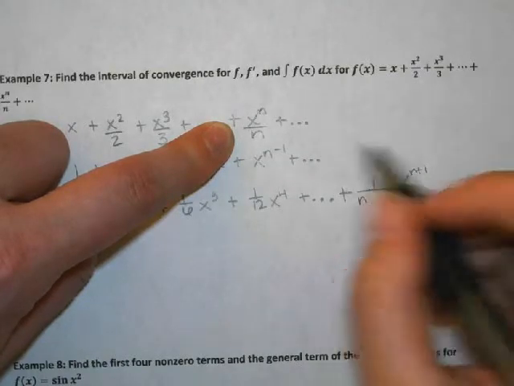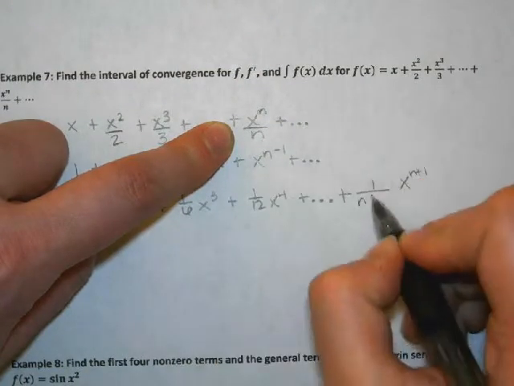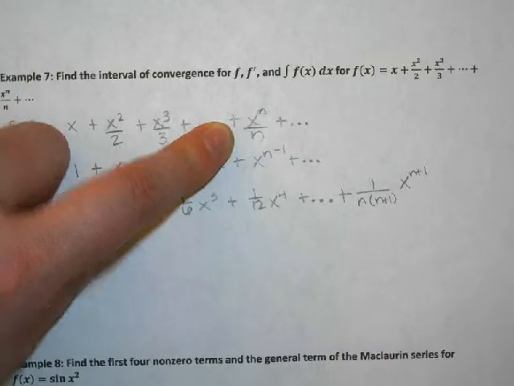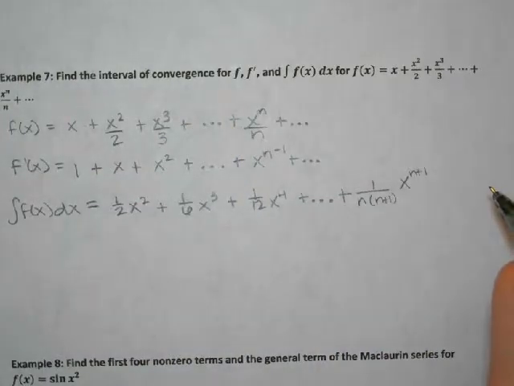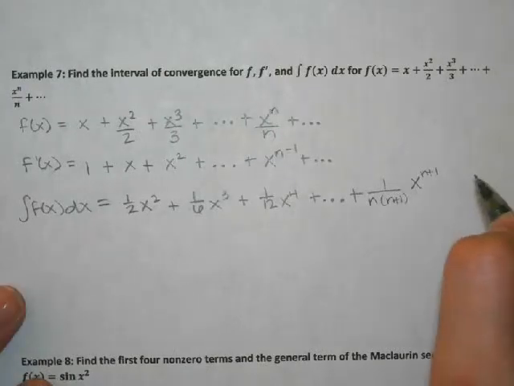Yeah, so it'd be 1 over n plus 1 times the n that was on the bottom, so it'd be n times n plus 1. Okay, so what they want us to do is check and find the interval of convergence for all three of those.